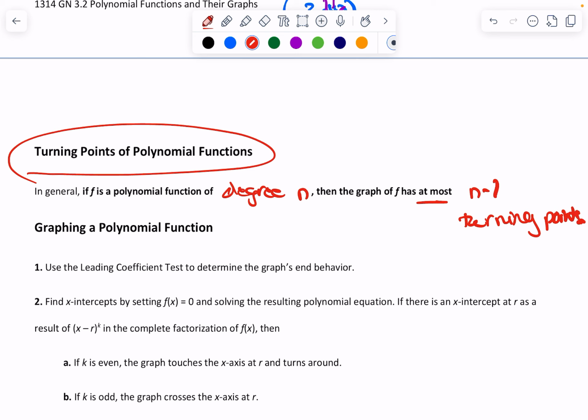If we think about, for example, a quadratic function, if we have y equals x squared, it looks like this, right? It has only that one turning point. Our degree is 2, so n minus 1, 2 minus 1, there's one turning point.